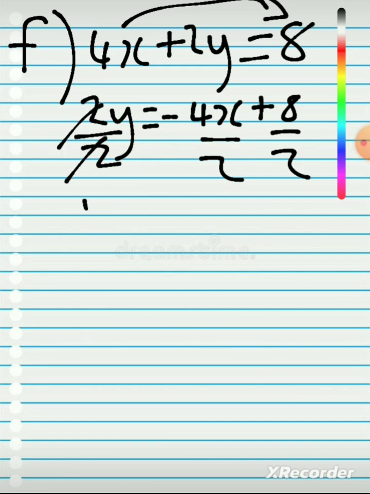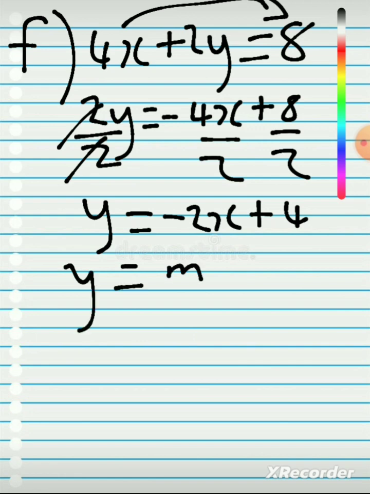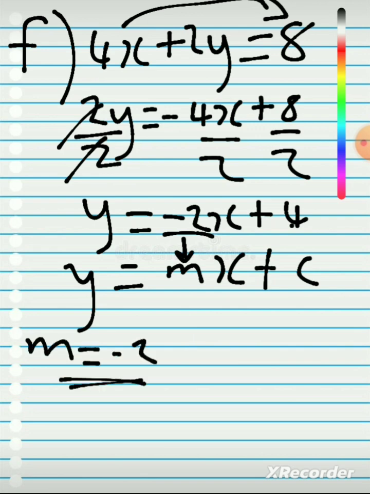So y is equal to negative 4 divided by 2, negative 2x, plus 8 divided by 2, which is 4. Now we compare these to mx plus c. Negative 2 is m, therefore gradient is negative 2, and 4 is c, so c is 4.